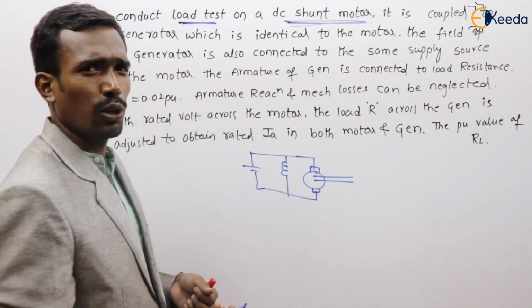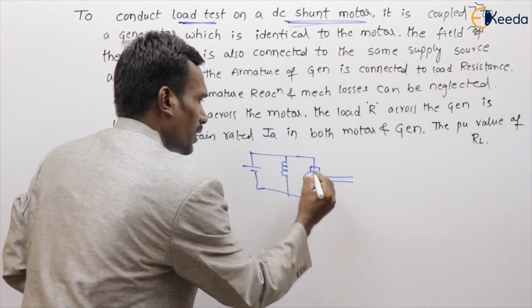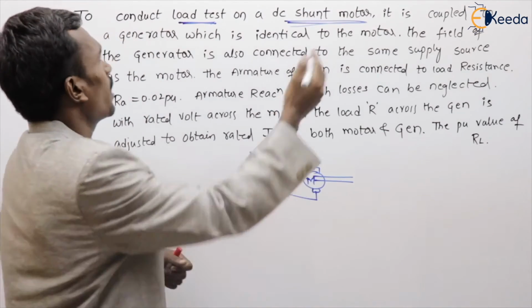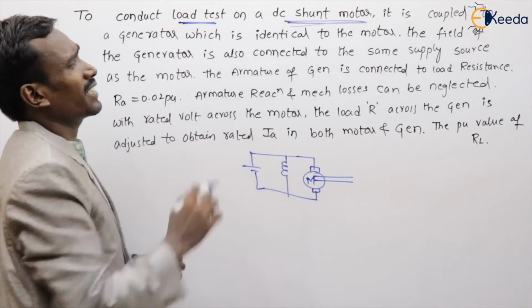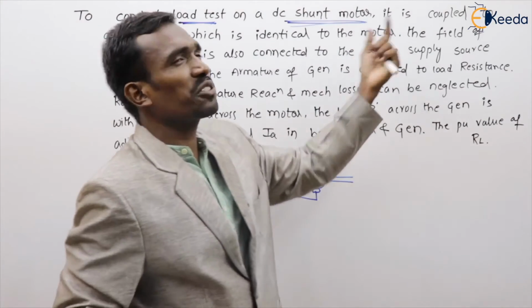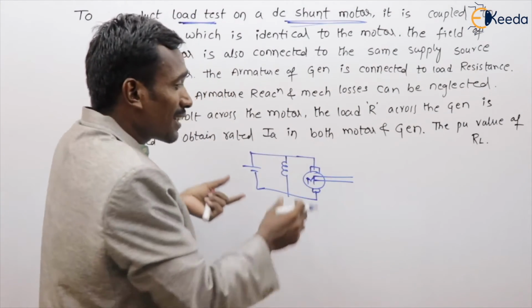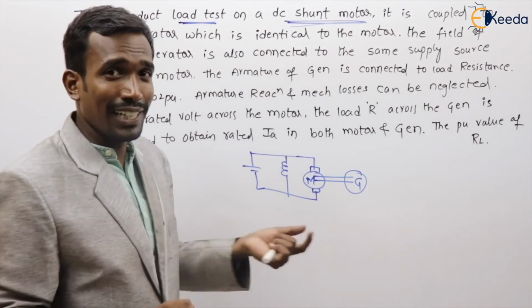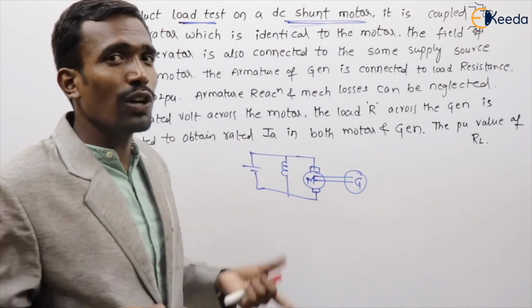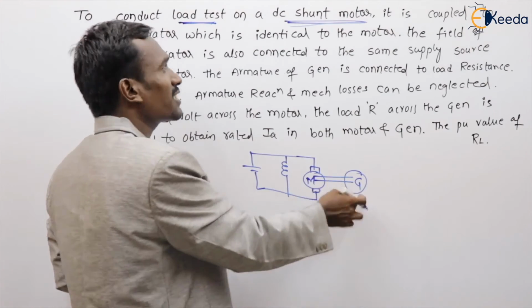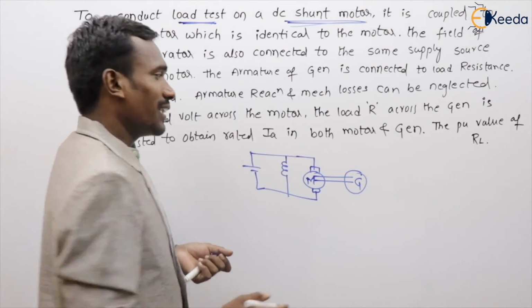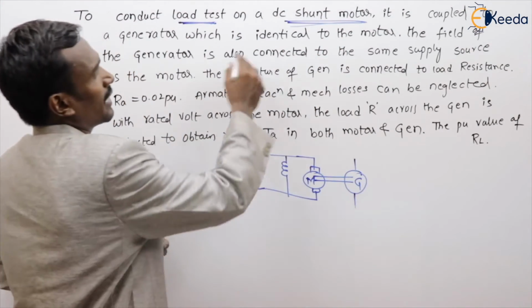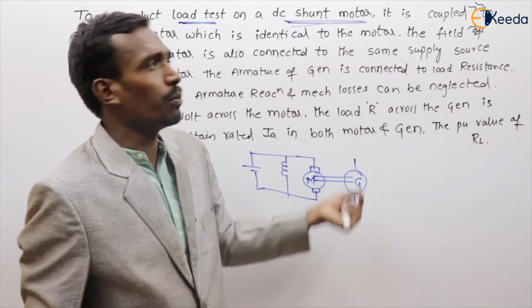It is coupled to a generator which is identical to the motor. The load of the motor is my generator. Yes, I have to apply the load on the motor, that is the generator they gave.